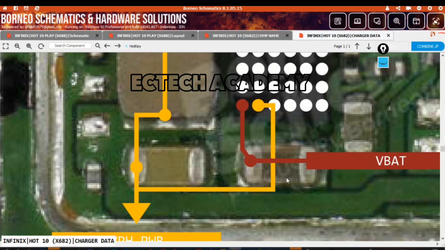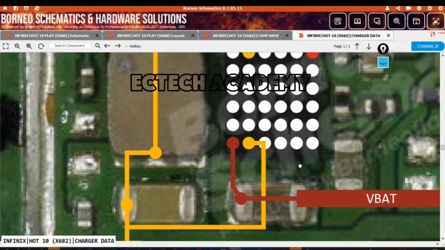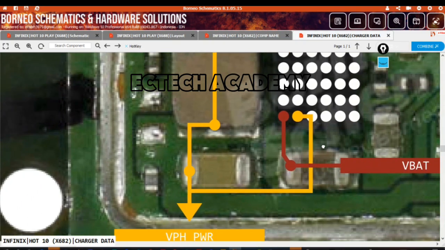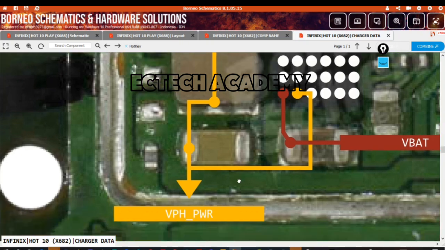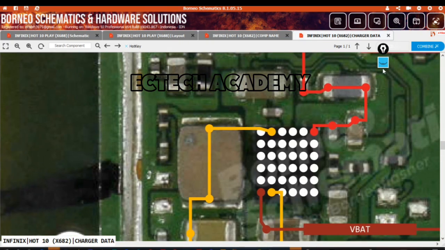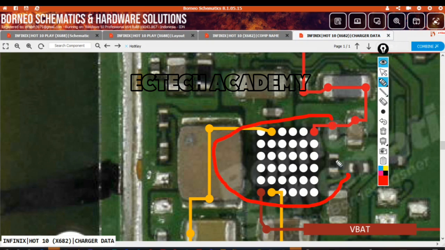All right. Okay, so you can see that this charging IC is doing two things. It's giving out a vbat voltage and vph power. I told you in the first class that if you remove this type of charging IC, the phone will not power on. Any charging IC that is giving out a vph power, if you remove it, the phone will not power on.